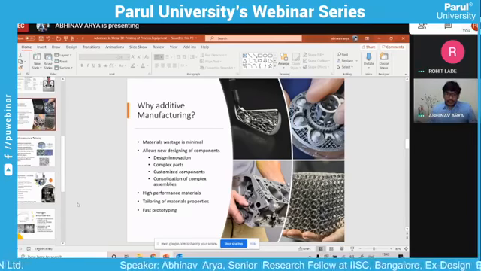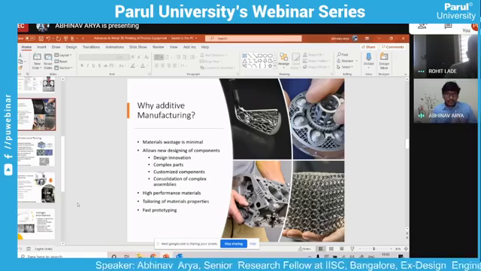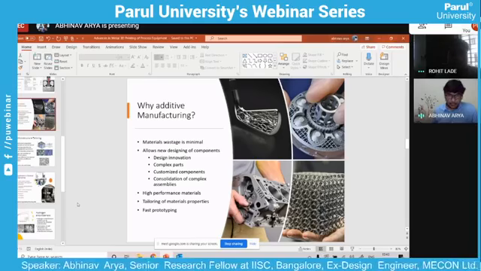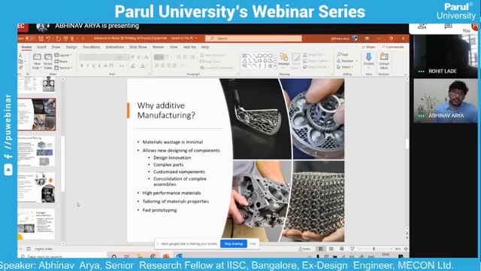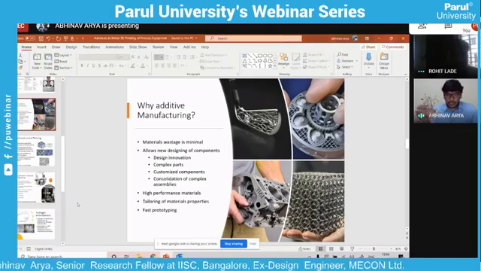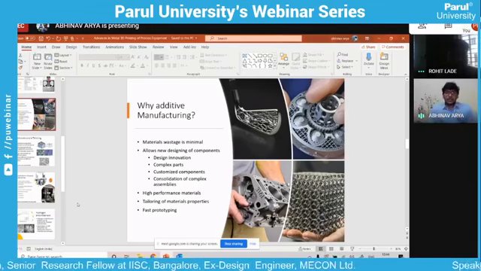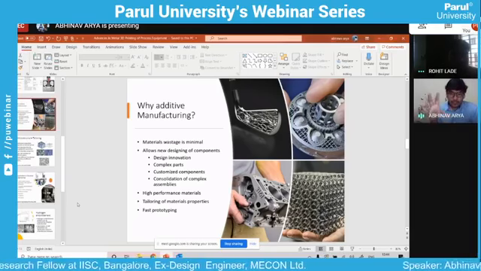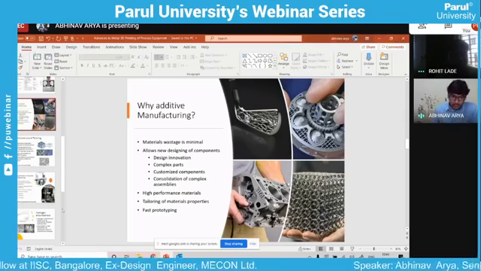But here, in a few hours you can get the prototype of whatever digital model you have created, and you can do whatever study you want on that design. Then you can change your design and again make a new prototype. So in prototyping it is very useful. Additive manufacturing is most widely used in prototyping.